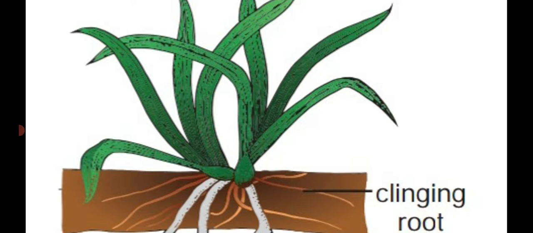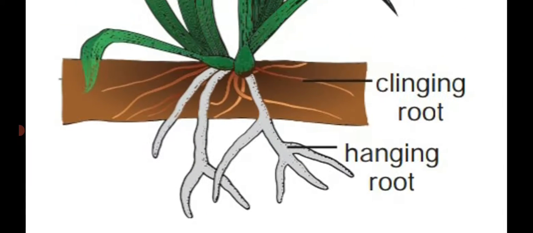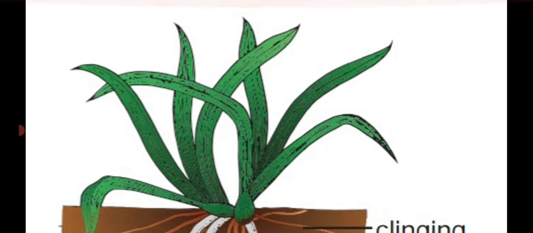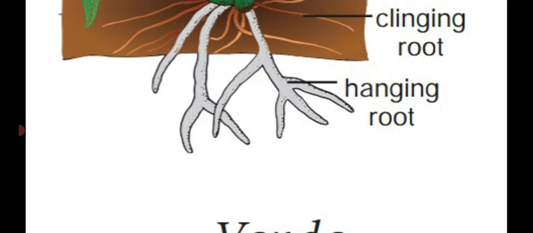So they produce the special root containing the velamen tissue to absorb the water and mineral salts from the surrounding air or moisture. That type of root is known as epiphytic root, which does the important function.